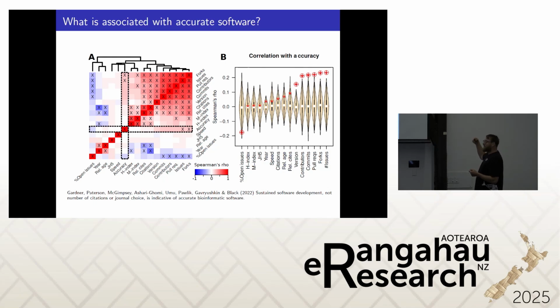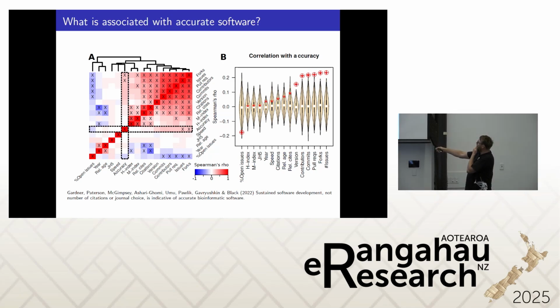Then again with a permutation-based test, we can see the difference between the real accuracy-based ranks and the correlation between randomized data and the real observed data with accuracy.